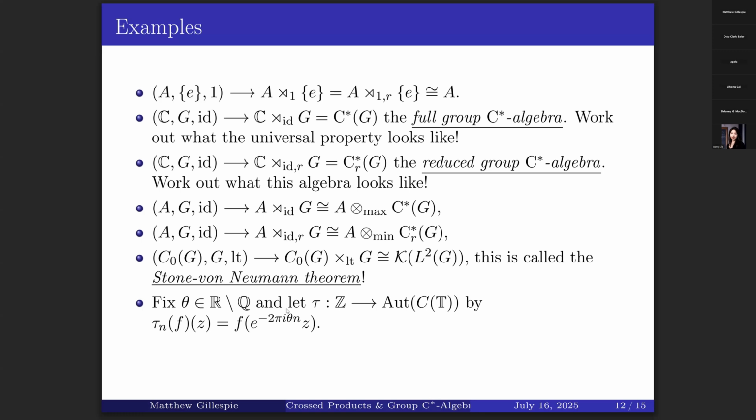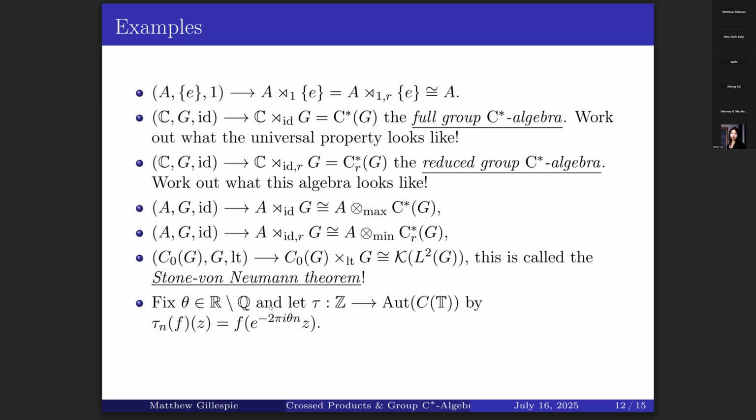And then I'll throw in one here because you'll be talking about this tomorrow, what's called the irrational rotation algebras. But you can also realize these things as a cross product. The way this works is I take some fixed irrational number theta, and I define tau to be this action of the integers on the continuous functions on the circle.